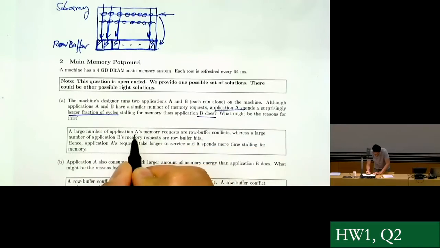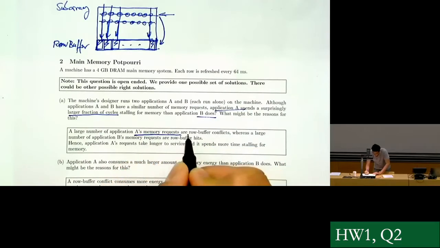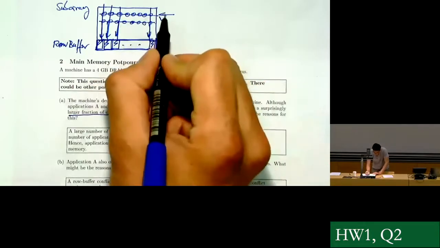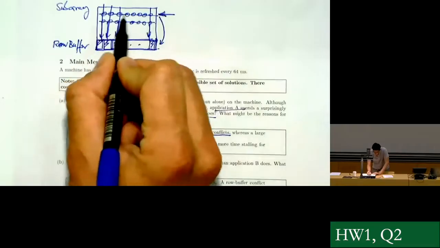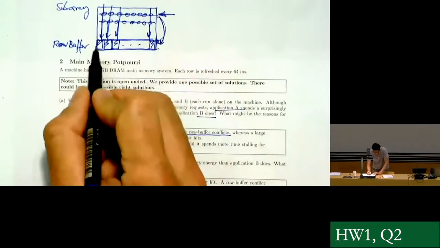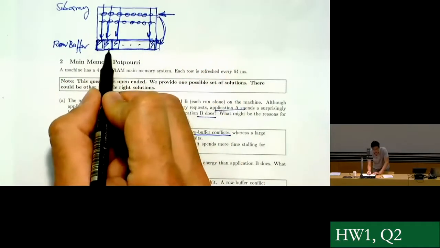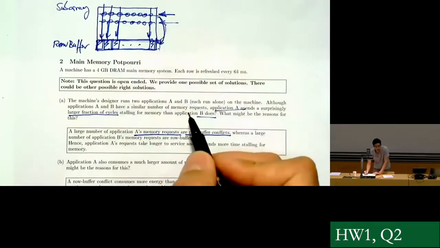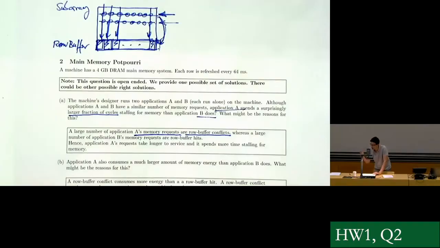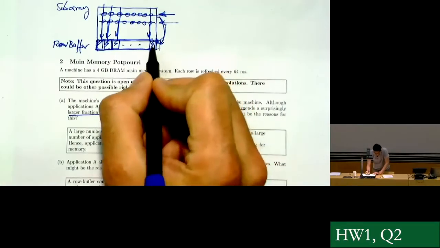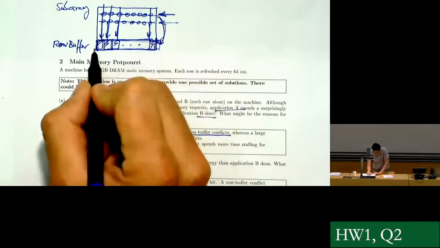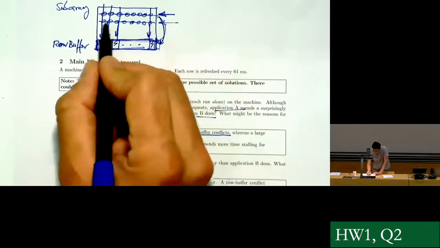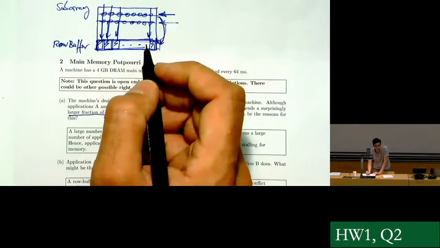So it's likely that A's memory requests are row buffer conflicts. This means that A accesses this row, and the row is loaded to the sense amplifier, and then next, it accesses a different row. So we have to remove the first row from the row buffer and then load the second row, and so on.